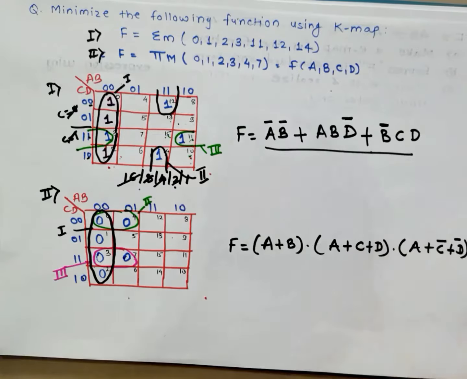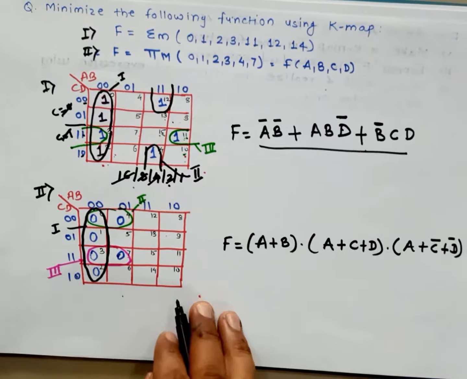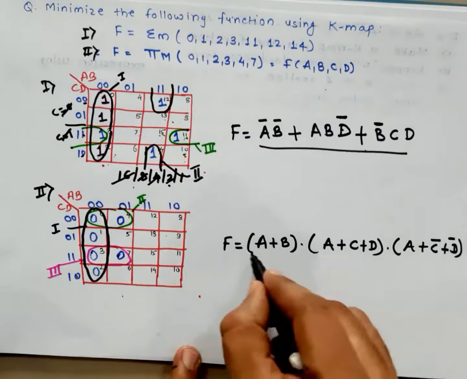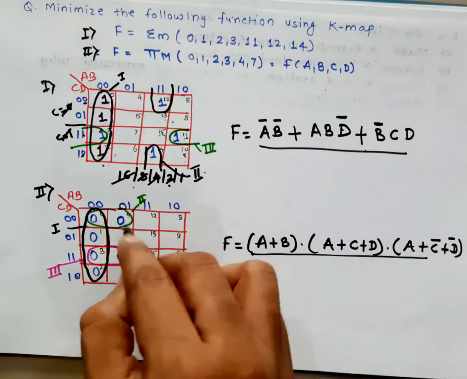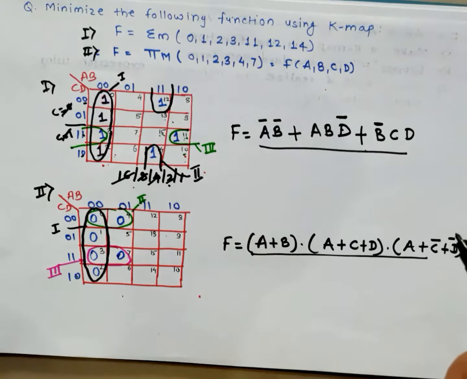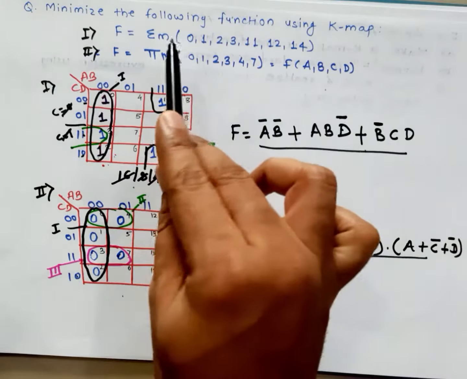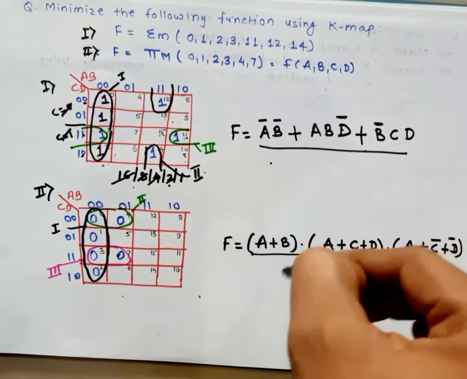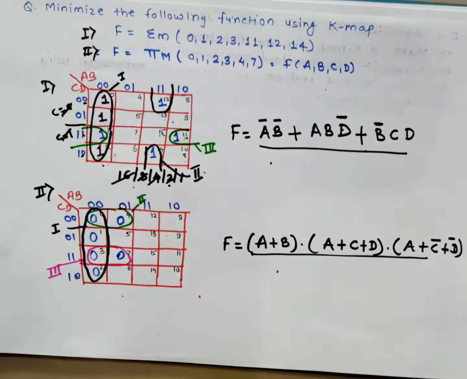So the final equation is this one. So how many groups are there? 3. So we require 3 terms, but it depends on which form you require, either SOP form or POS form.